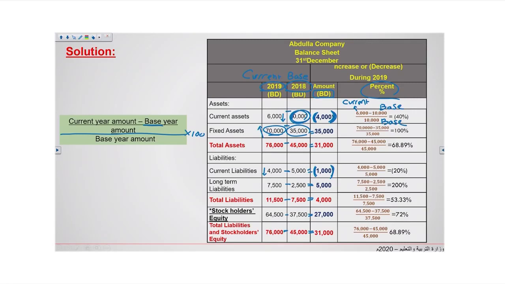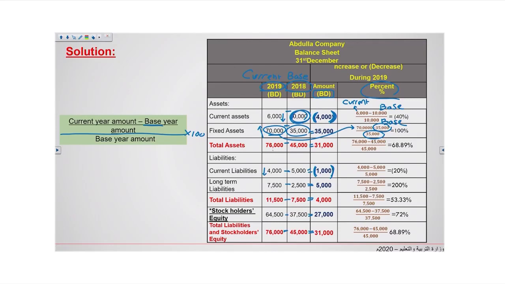Okay, the same we apply it for the whole numbers. 70,000 minus 35,000, the base year over base year, multiply by 100, it will equal 100%.